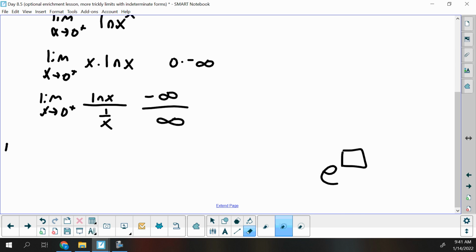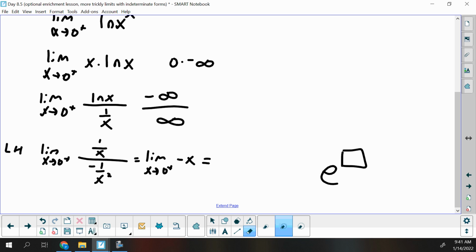This then gives us our L'Hopital's. We'll have 1 over x over negative 1 over x squared when we do the derivatives. We saw in that case 1 example when we did our keep change flip, we ended up with negative x, and this just gave us 0.